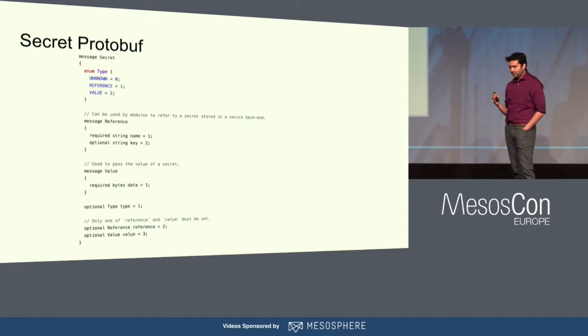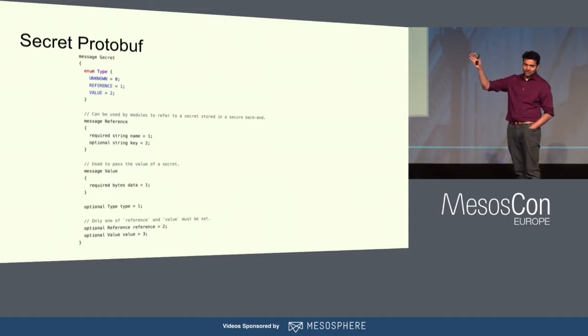The reference-based secret is, I hope, what everyone uses in an actual production cluster, where you give a reference to a secret and someone else, like a secret resolver, resolves it. For example, you could think of this reference as a name in your Vault secret store, and you have a Vault-based secret resolver that knows, given this name, how to talk to the Vault secret store and fetch that secret. So that's the reference-based secret.